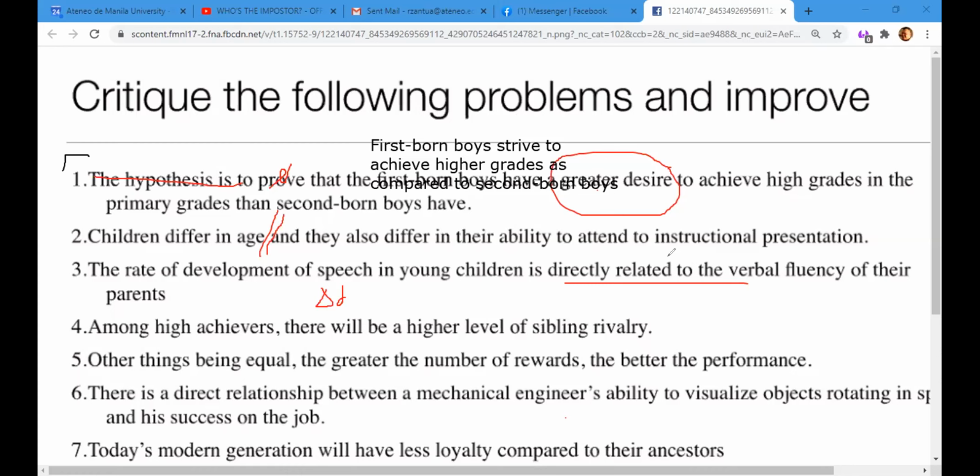So, I don't see what's wrong. Baka pwede tanggalin yung, I don't know what directly means. Pero naman siya is related, right? I was just thinking directly, pag correlation, meaning this is a positive. Oh, I got it. Directly as opposed to indirectly. I see.